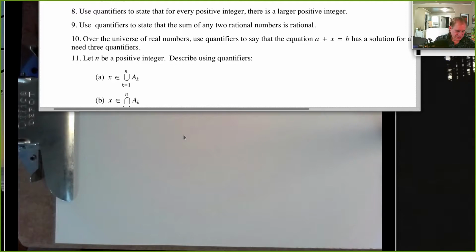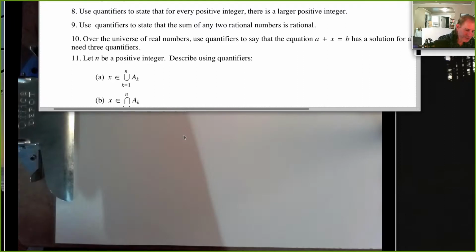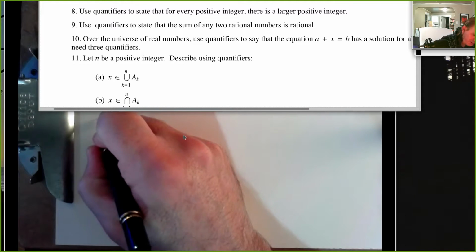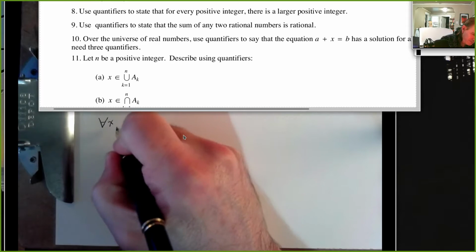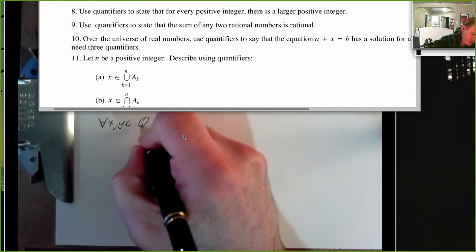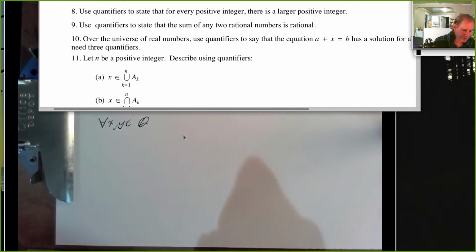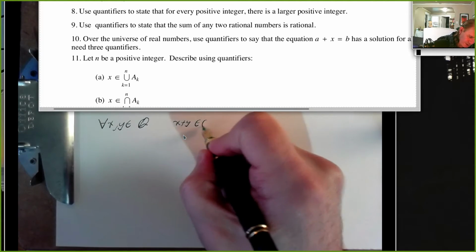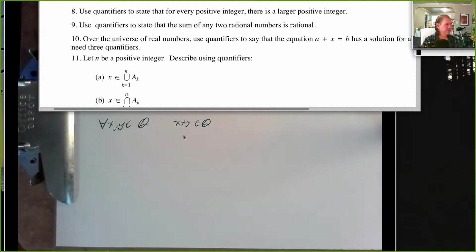So what is this saying if we think of it in terms of for all or there exists? Any two rational numbers added together gives us a rational number. So one way we could do this would be just to say, for all x, y contained in the set of rationals, x plus y is also contained in the set of rationals.